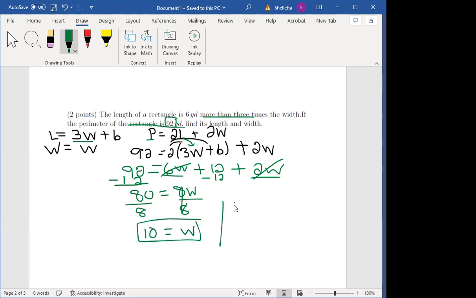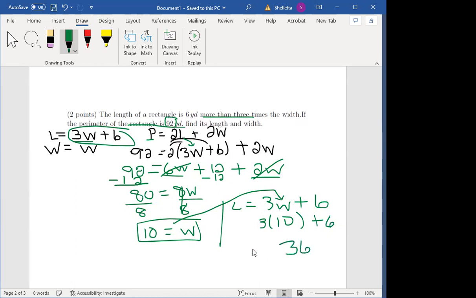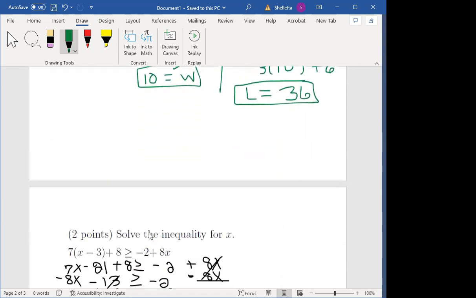Now to find the length, we'll go back to our expression 3W plus 6. We'll substitute 10 for our width. So 3 times the 10 plus 6. That'll be 36. And that's the answer to this word problem.